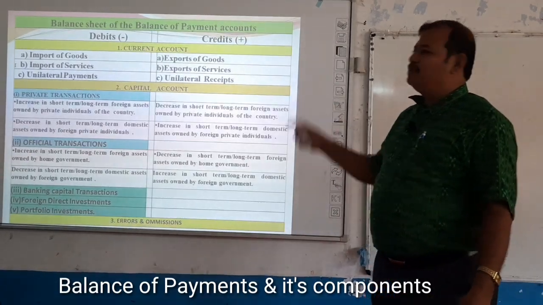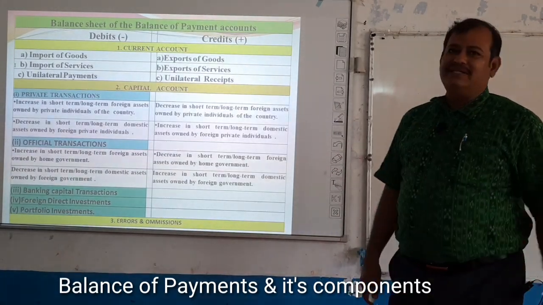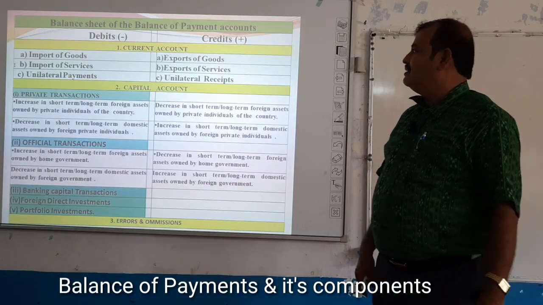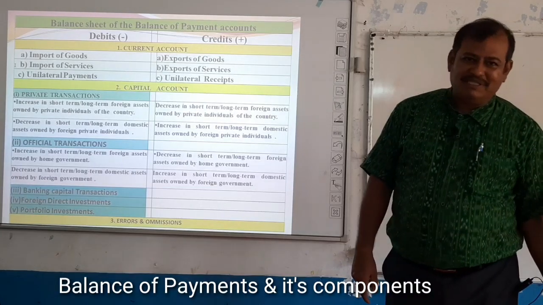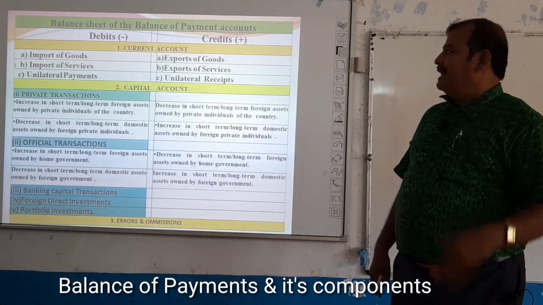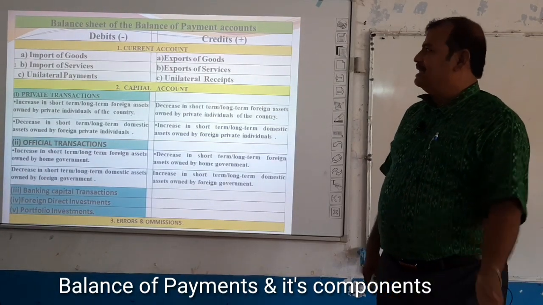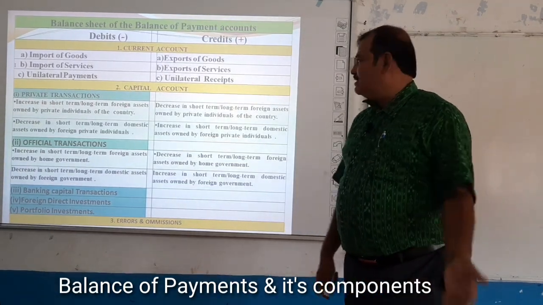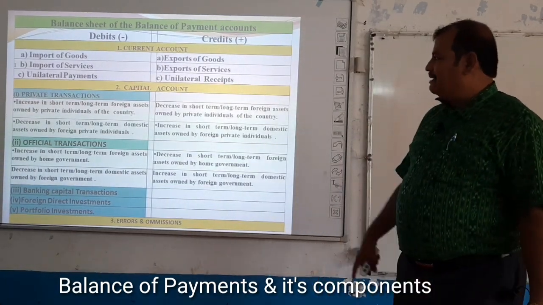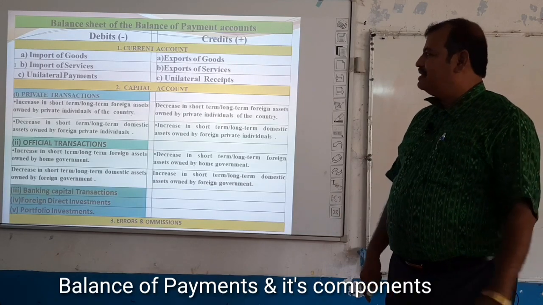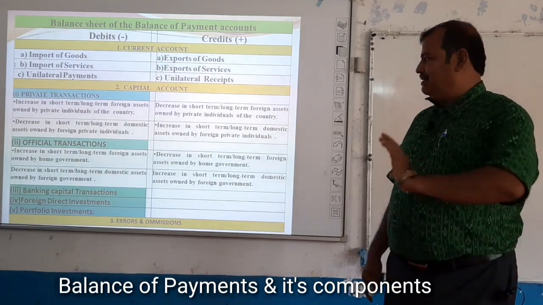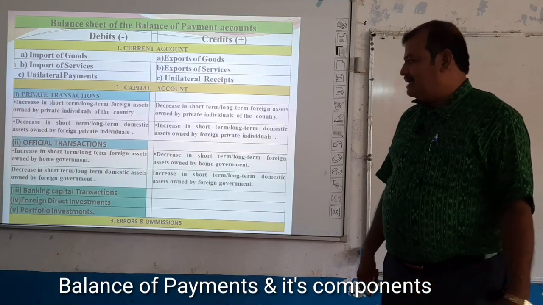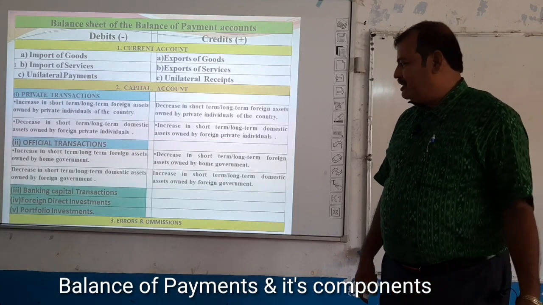The credit side shows the positive sign and the debit side shows the negative sign. The current account first shows the export of goods, export of services, unilateral transfers. The debit side shows import of goods, import of services, unilateral payments made, and capital accounts include private transactions and official transactions. Then next are banking capital transactions, foreign direct investment, portfolio investment.